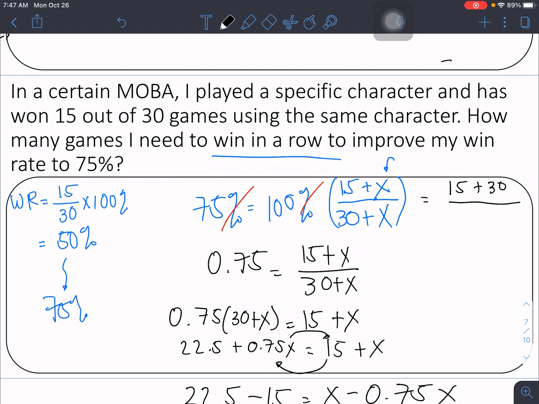So the total games will be 60. So 15 plus 30 is 45, divided by 60, and 45 divided by 60 is 0.75 or 75%. Okay, thank you.